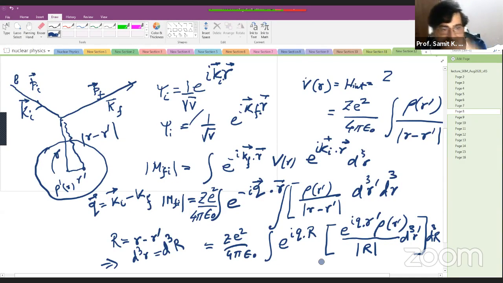I just rewrote this with the condition: instead of d^3R I am writing d^3r, and I already assumed R equal to r minus r prime equal to r, because r prime can be neglected for large values of r. So I can consider R equal to small r for simplicity.